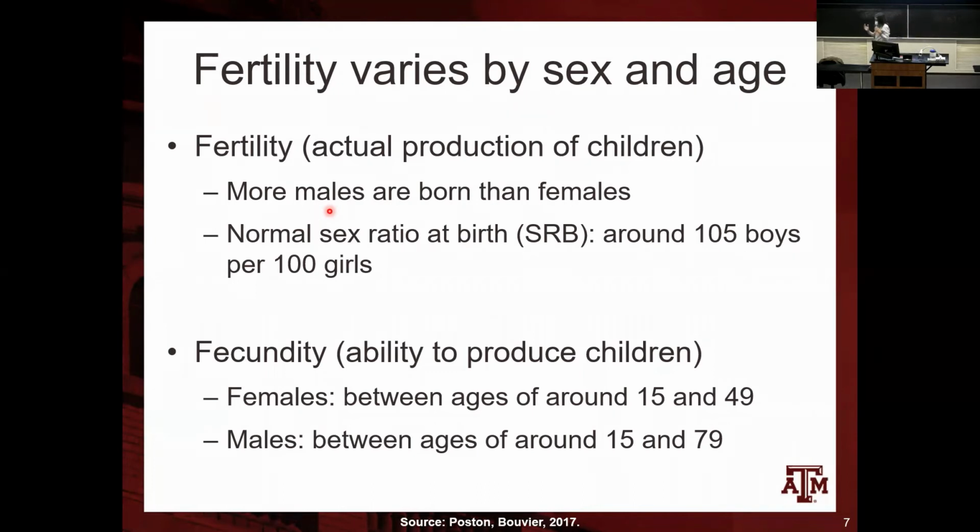There's a lot of debate, from both biologists and demographers, about why that happens. There is a line of study called the fragile male hypothesis, that baby boys are weaker than baby girls. They need more resources to survive at the beginning of their life.